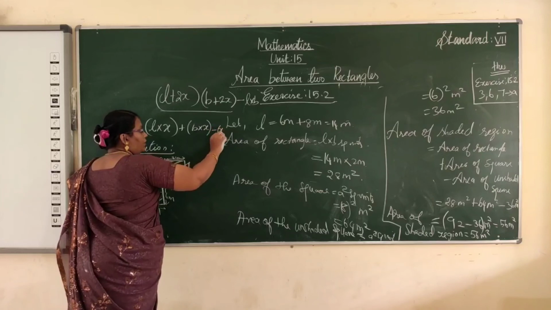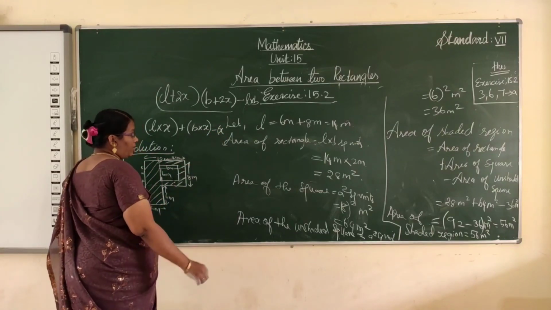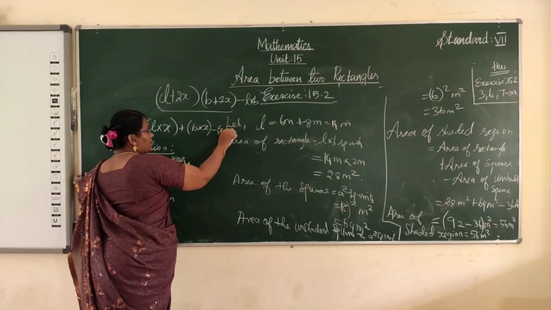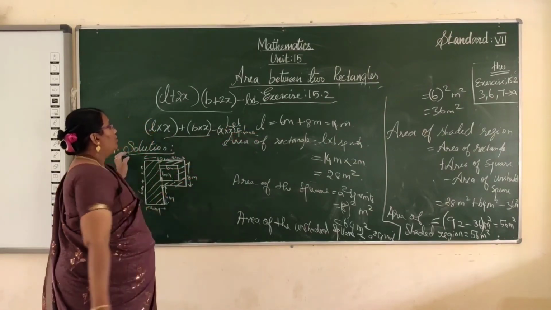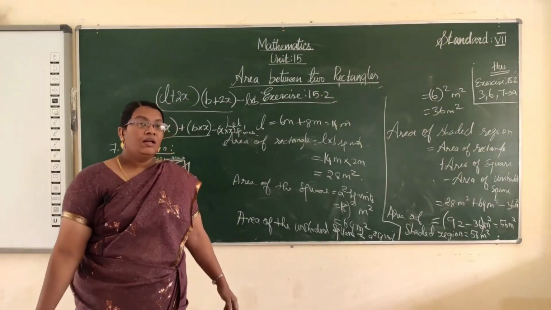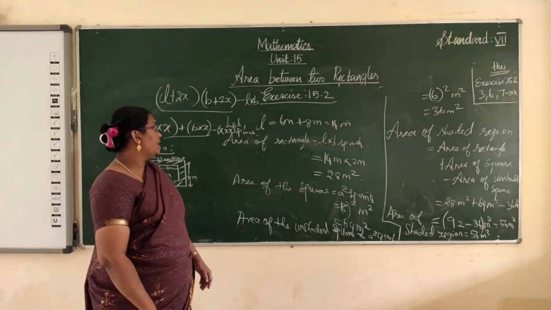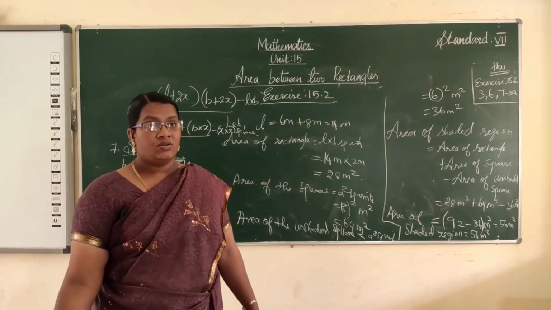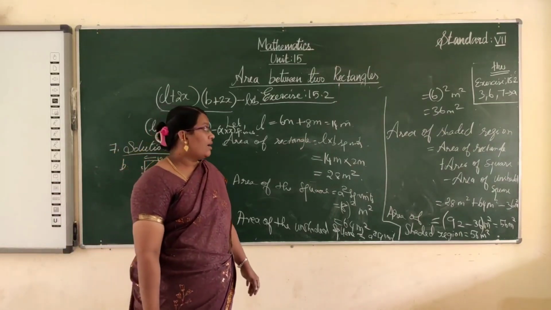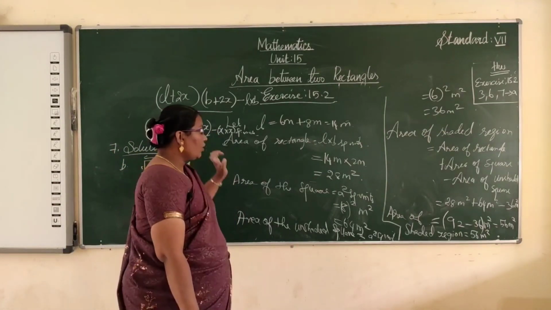The middle portion is the square, so X into X square units. Okay, everyone remember the formula correctly. If you write plus or minus in place of minus or plus, you will not get the answer. So carefully write the formulas.